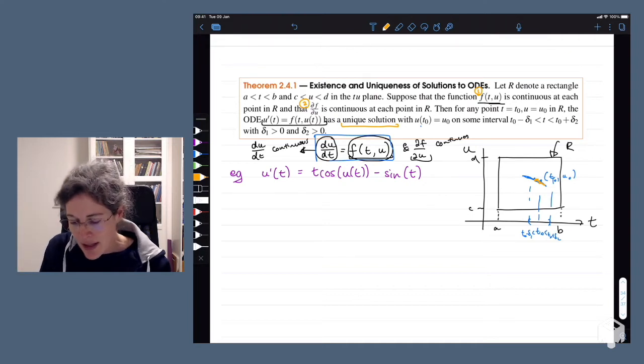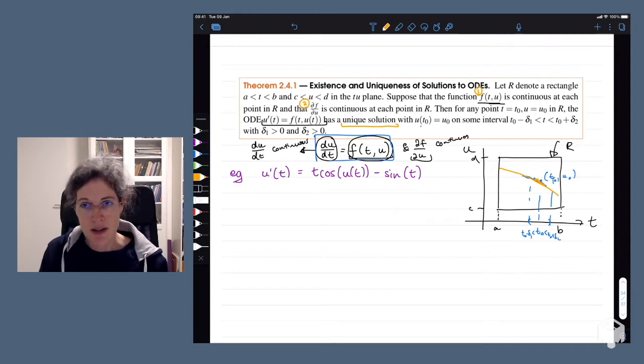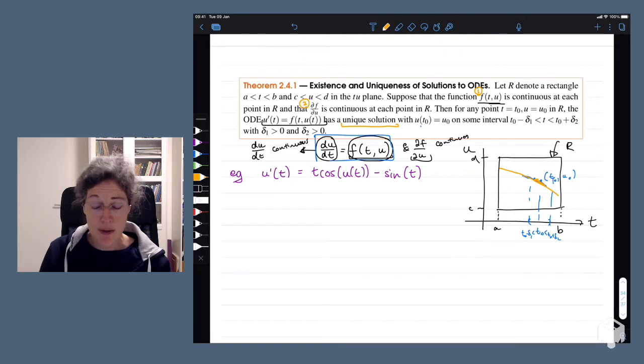So it basically allows you to build up a unique solution within your R, given an initial starting point. This is quite powerful, because the criteria that our f is continuous and its partial with respect to u is continuous is not particularly onerous. So this is a way of guaranteeing for yourself, if you look at an ODE, that you can find a solution on a particular R.